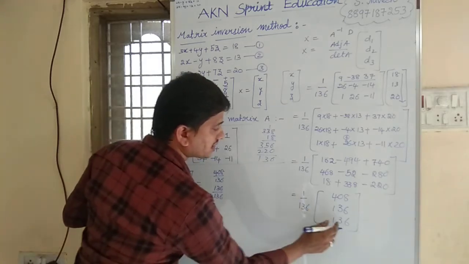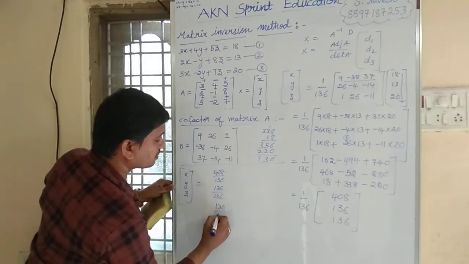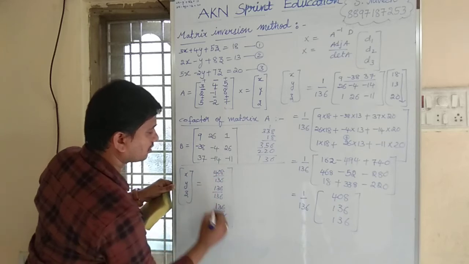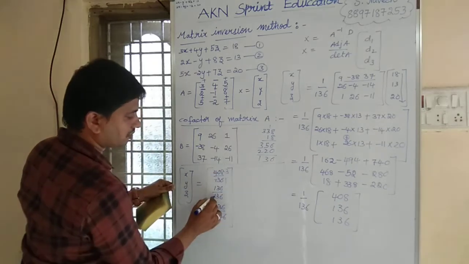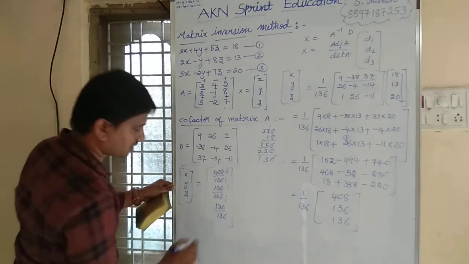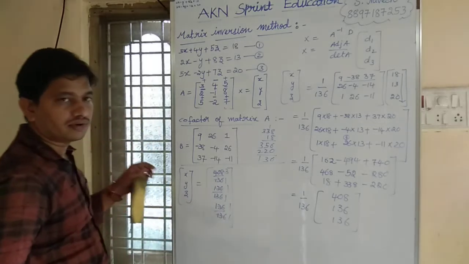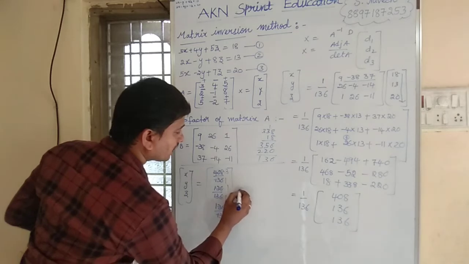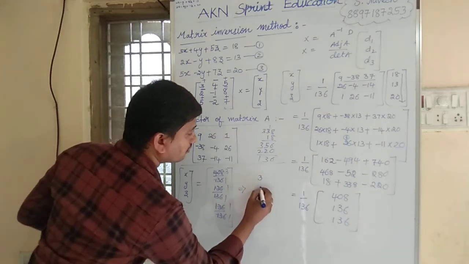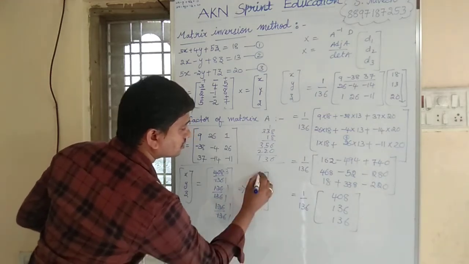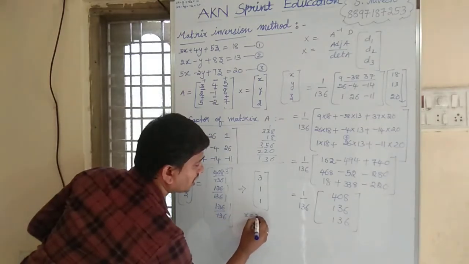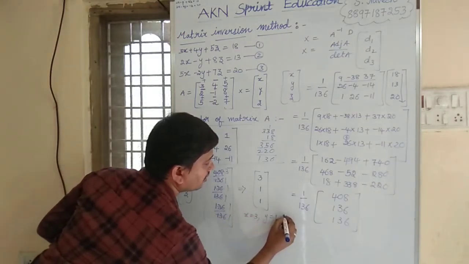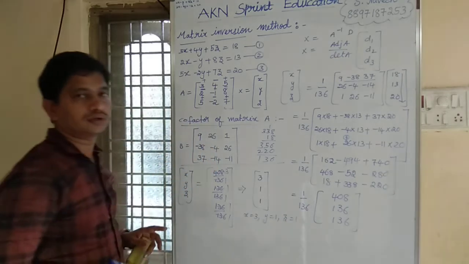Next 1 by 136 into 136, 136 by 136. How much did we get, children? That is equal to 3, 1, 1. So what is the value of x, children? We got x is equal to 3, y equal to 1 and z is equal to 1.